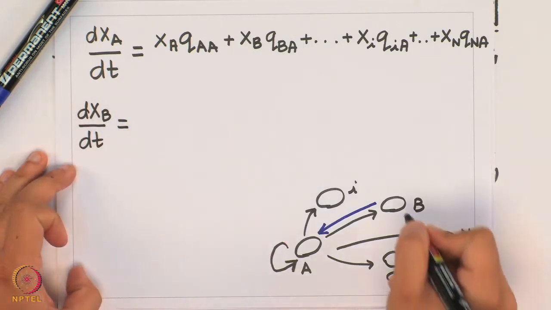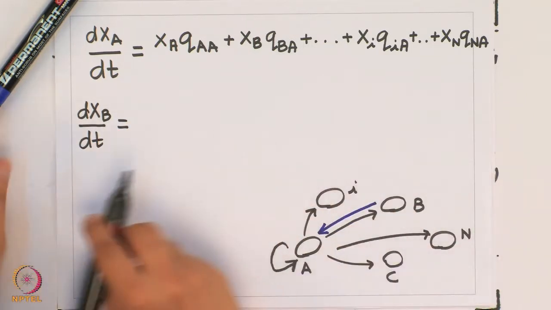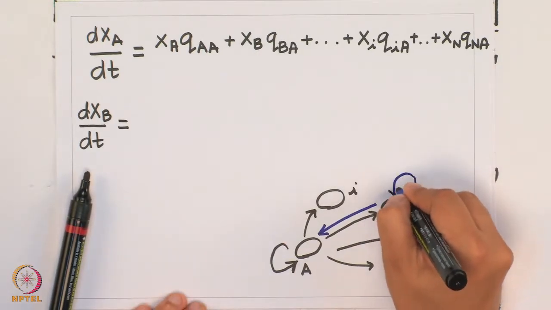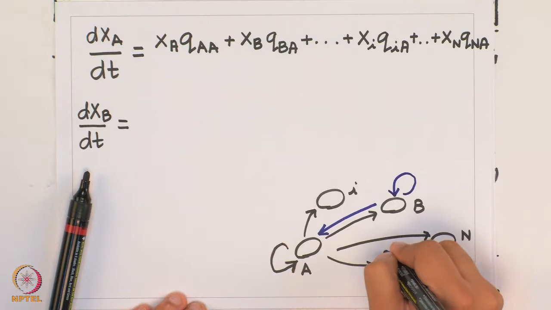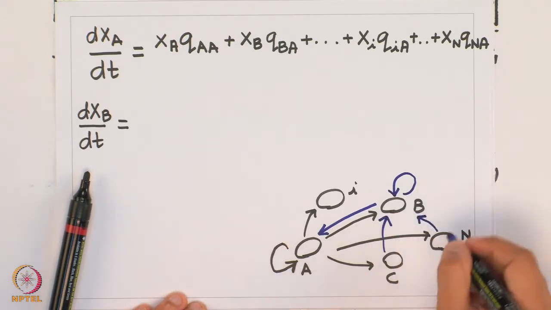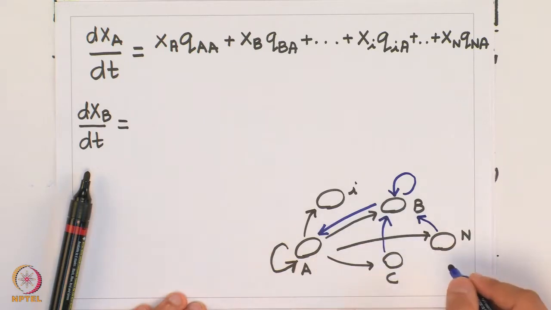Now when we are talking of node B, we are interested in capturing the dynamics of all the nodes which are incoming to B, where divisions are taking place of various genotypes in the environment, but the progeny being produced is of genotype B. These are all the arrows that we are interested in.